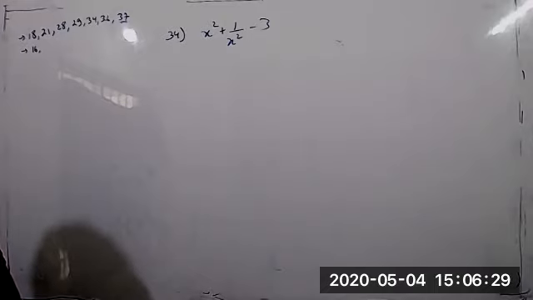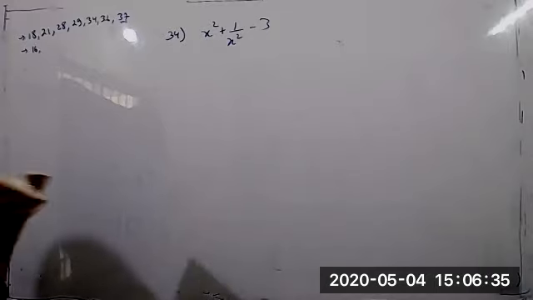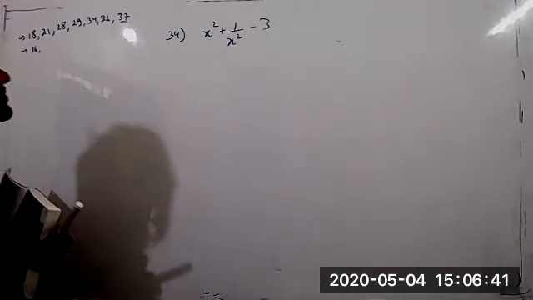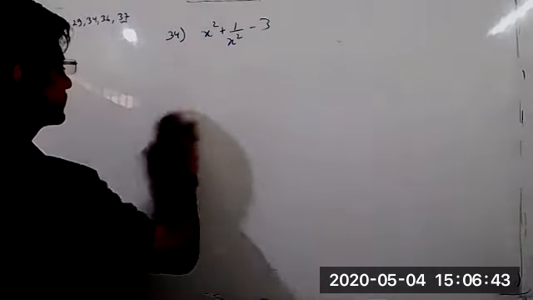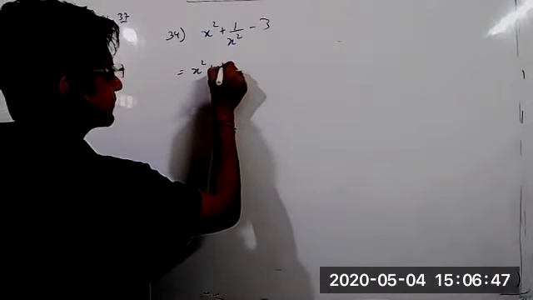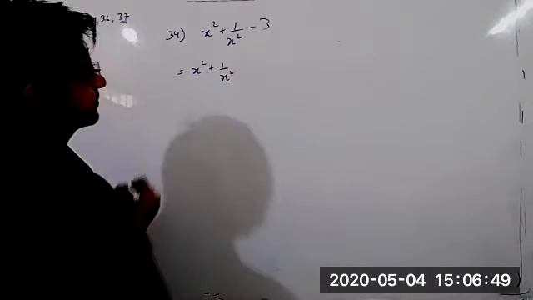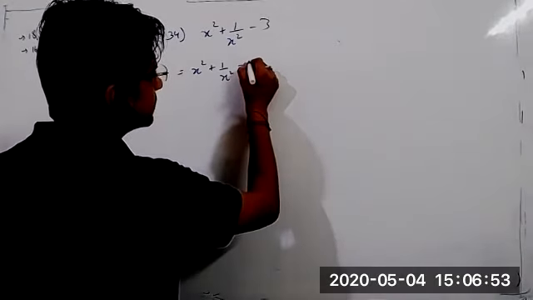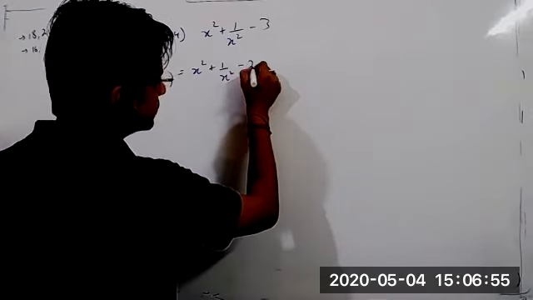You want to solve 34? Yes, sir. Okay, tell me. So first we can write it as x square plus 1 by x square minus 2 minus 1.